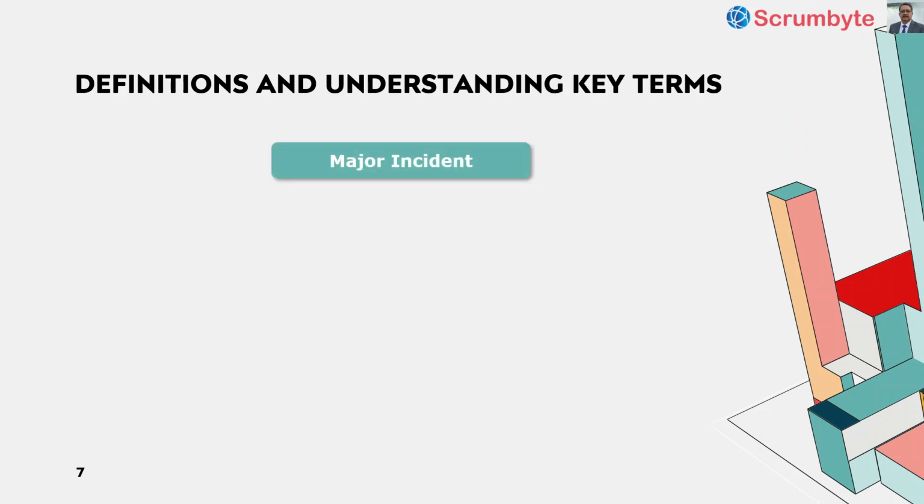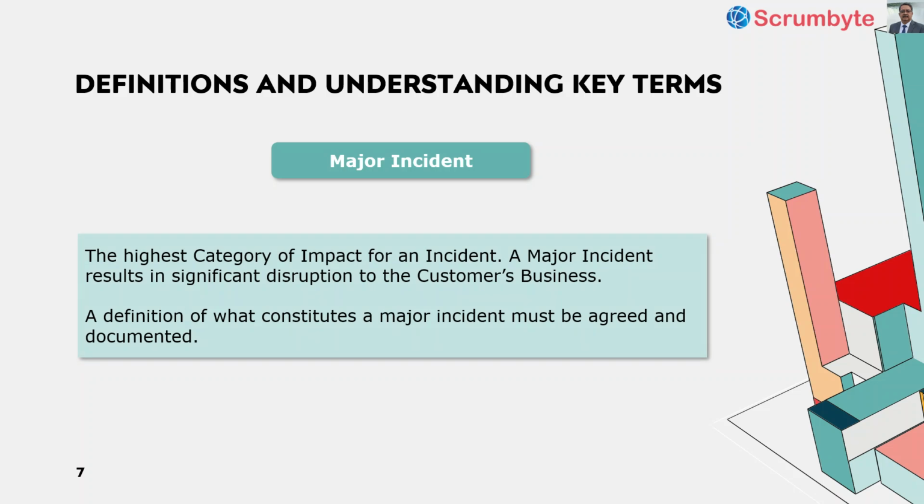The next thing we need to understand is the major incident. This is basically the highest category of impact of an incident. What it means is that there is going to be a major disruption in the customer's business activities. What a major incident is should be agreed between you and the customer. For example, a customer would say that if I lose my profit and loss document, it is a major incident.